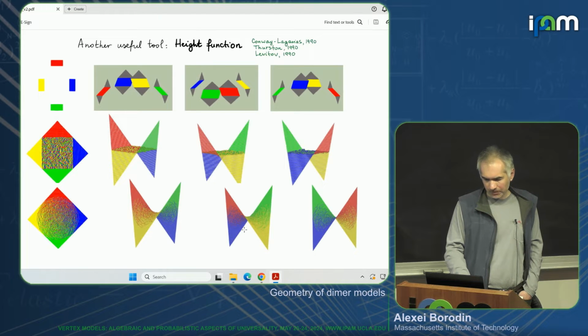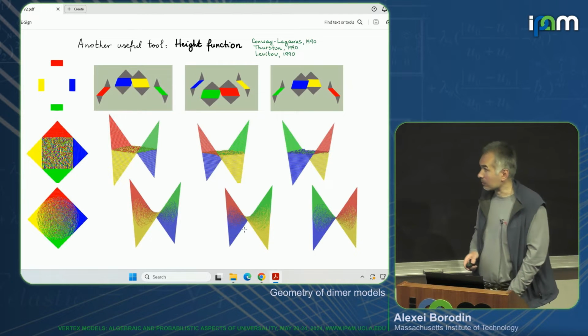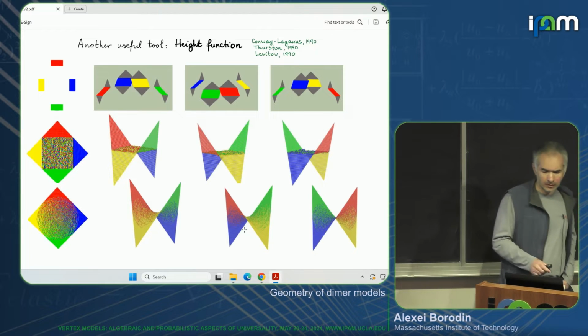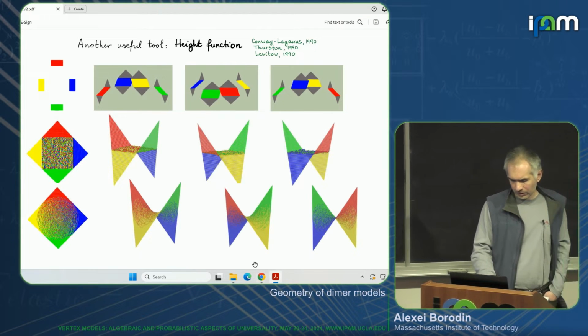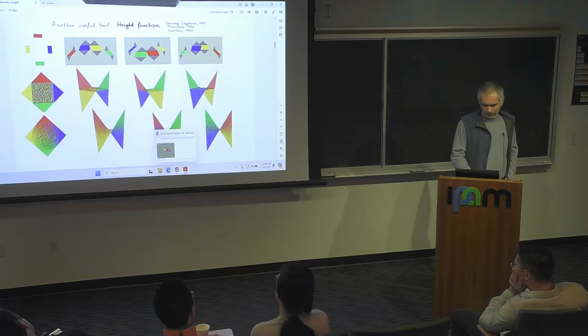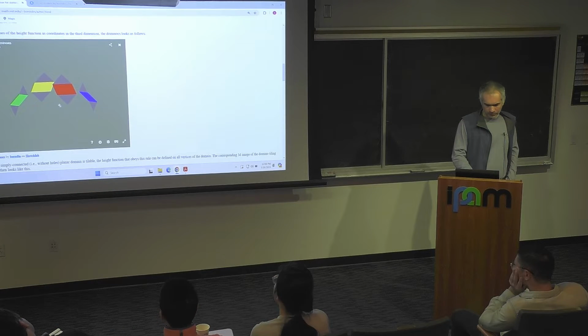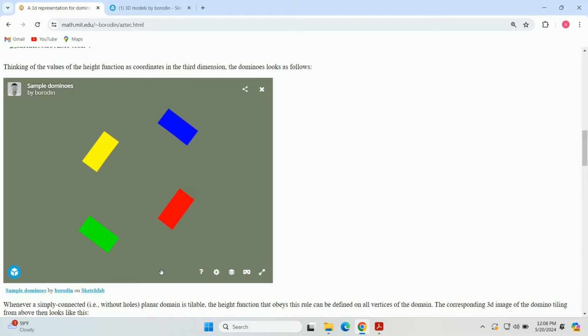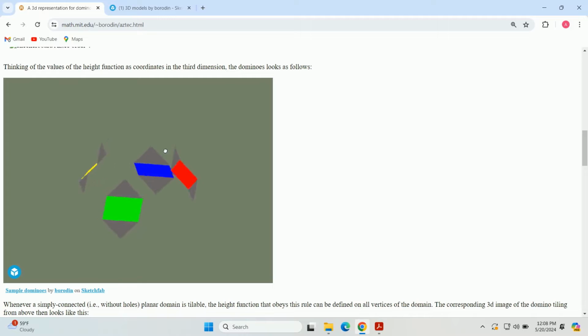So that tool is passing to a 3-dimensional picture rather than the planar one. And so instead of trying to walk you through this picture, I'll try to show the 3-dimensional situation. So these are 4 dimers of 4 different colors. And so one can lift them into space according to their color in separate ways.